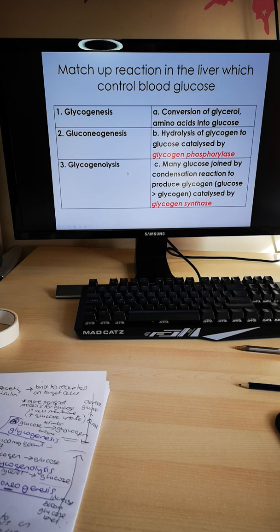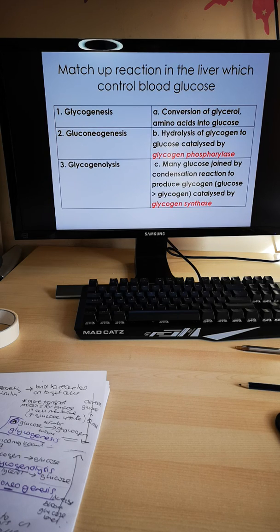So glycogenolysis, hydrolyzing glycogen to glucose. And the name of this enzyme is glycogen phosphorylase. We might meet that again.